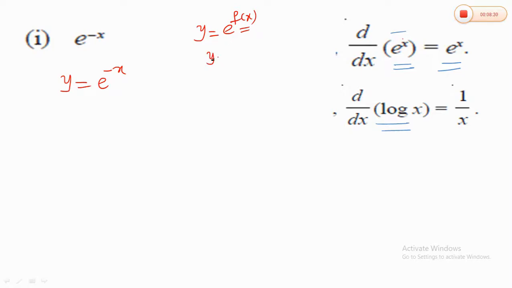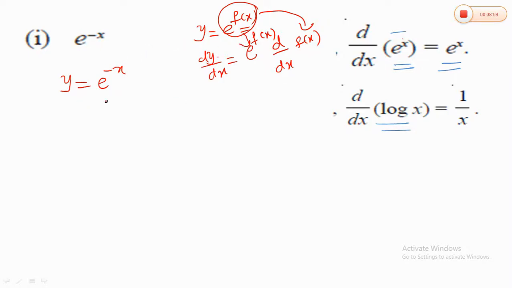So dy by dx of e raised to f(x) is, first we keep the exponential function e raised to f(x), then d by dx of f(x). You keep it as it is, and differentiate f(x) once again, because it is a composite function type.